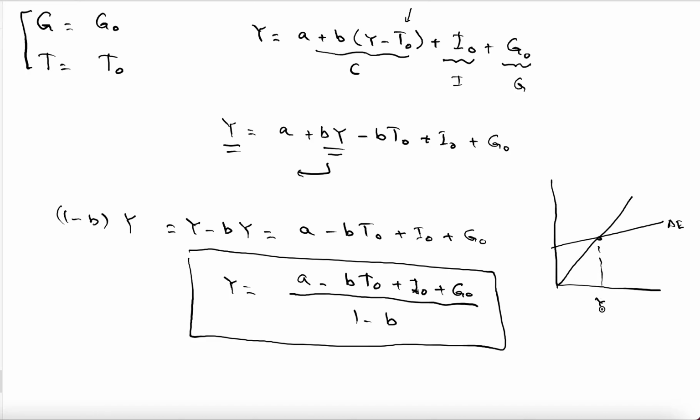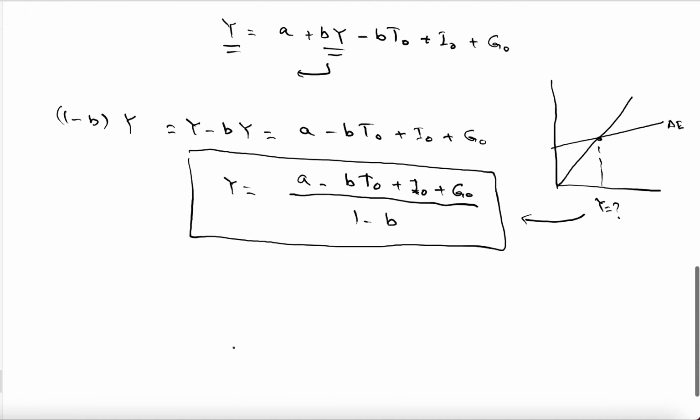So what is this Y? The Y is determined from this equation. Not only that, if we say that any of these exogenous variables change, we could say how much this shifts and where the new equilibrium is.